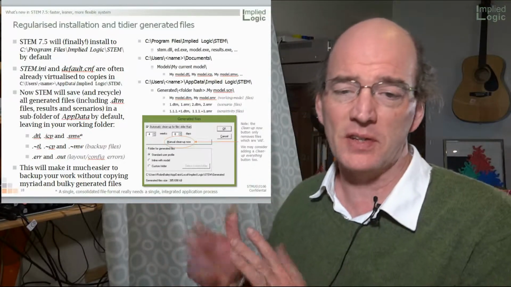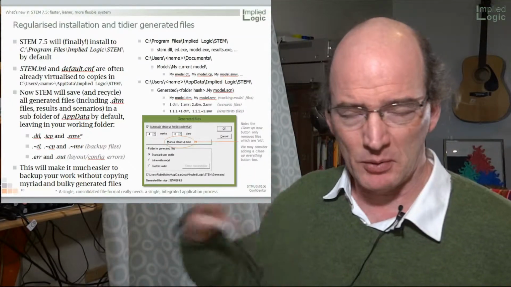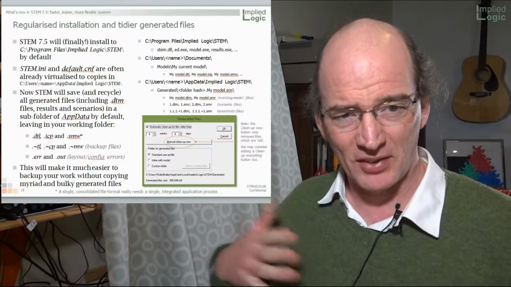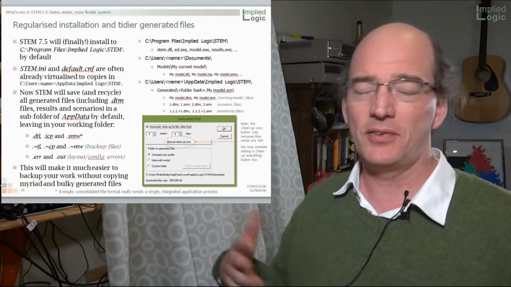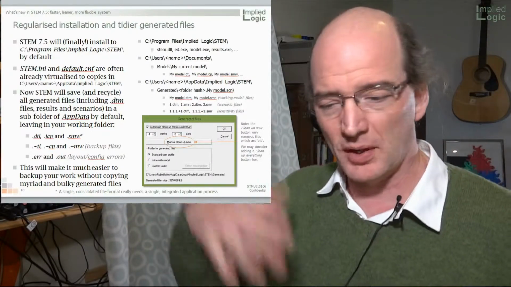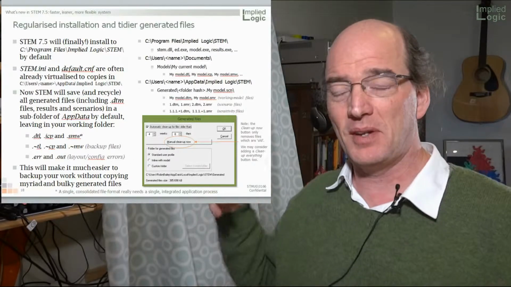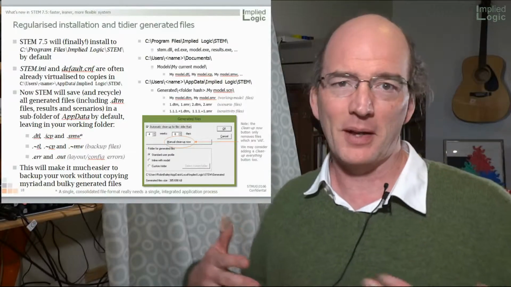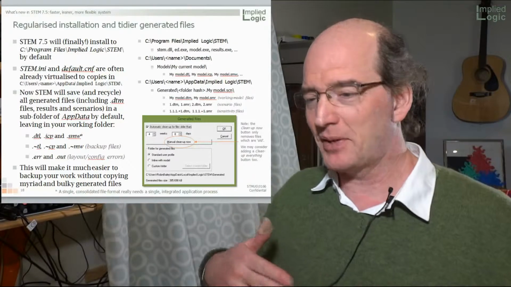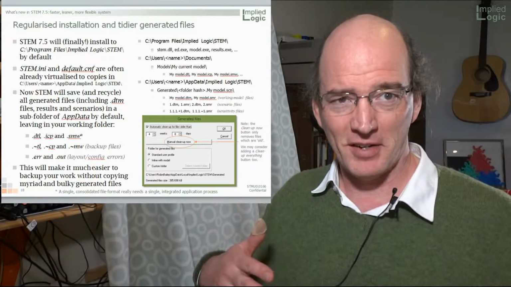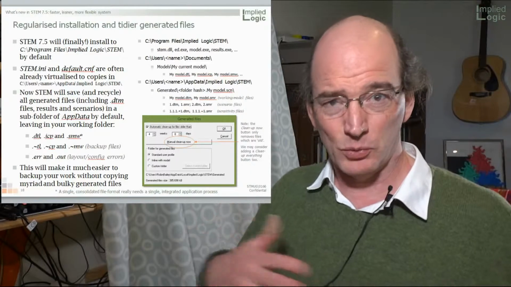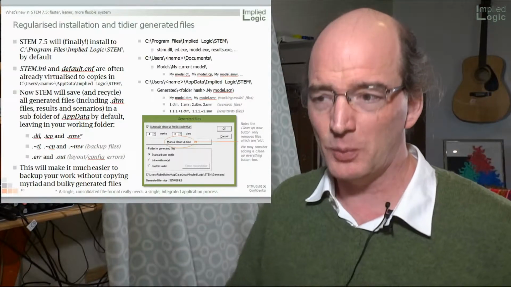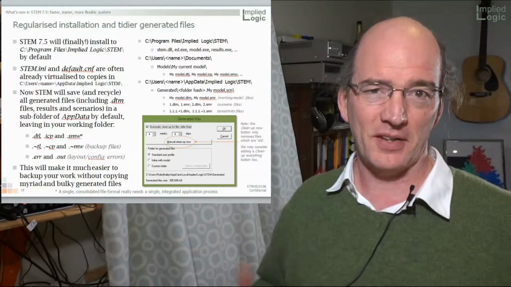What that means is that if you want to back up your work, you no longer have to think so carefully about exactly what you're backing up. And if you're mirroring your working folder up to a network, you can easily automatically mirror the entire folder without worrying about mirroring up megabytes of scenario data, which you don't actually need to do because it's all generated. So this will make it much easier to back up your work without that kind of mess.